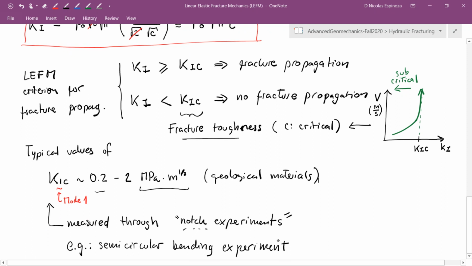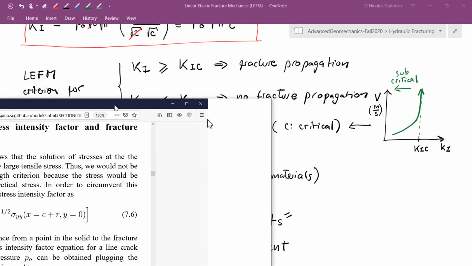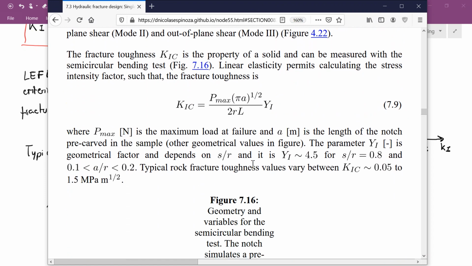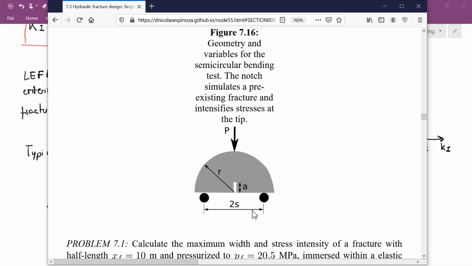The way that we measure this fracture toughness is that it can be done in the laboratory. There are several types of these notch experiments, but one of them, which is very popular in geomechanics, is the semicircular bending test. In the semicircular bending test, what is done is to subject a semicircular rock sample with a pre-made notch to a loading.